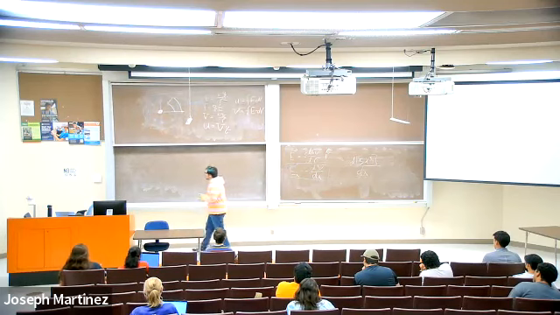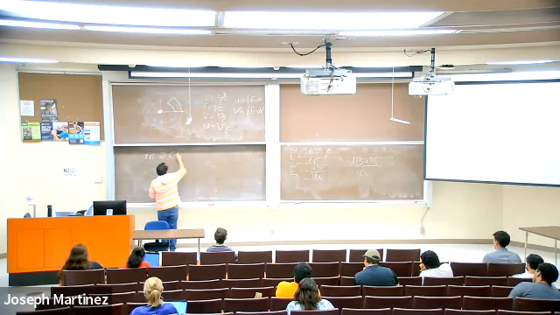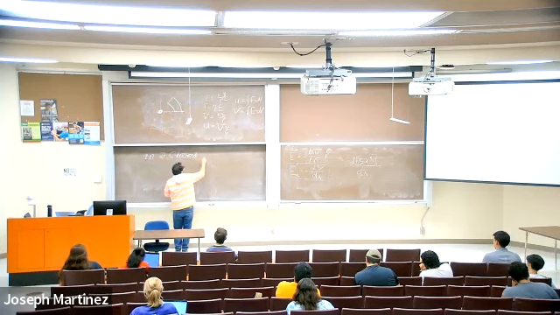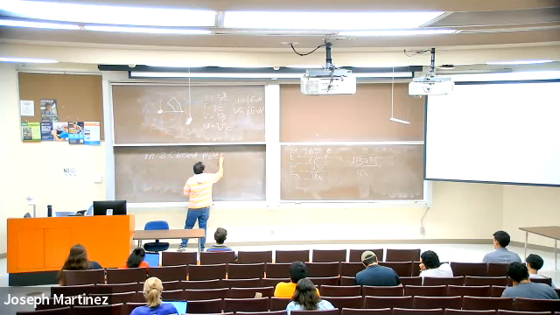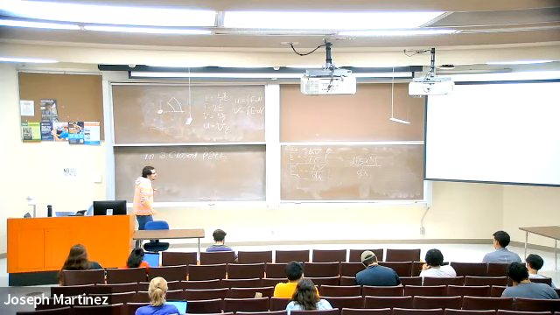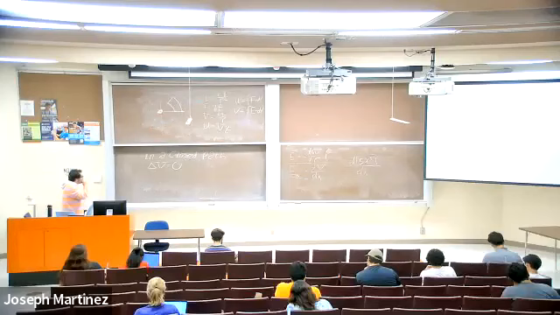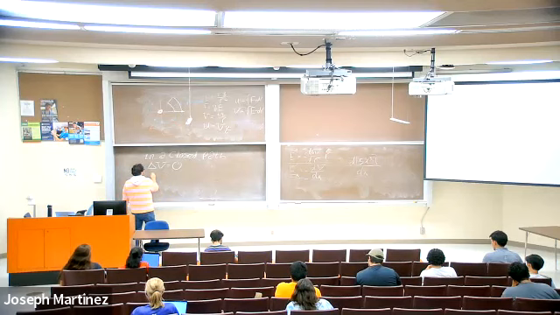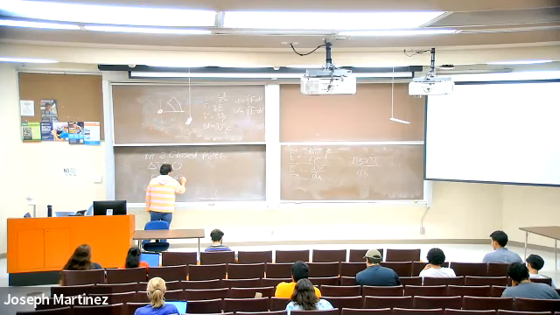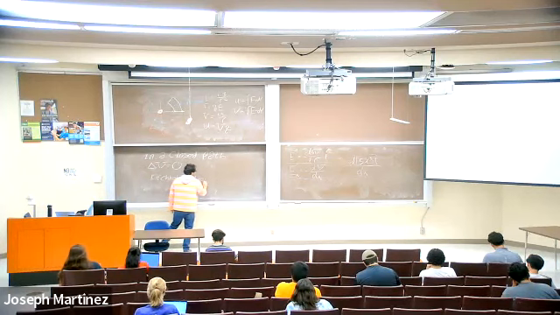In a closed path, and I'm writing this really big because it's very important, the change in potential delta V is equal to 0. This is the fundamental rule that forms what we call Kirchhoff's loop rule.